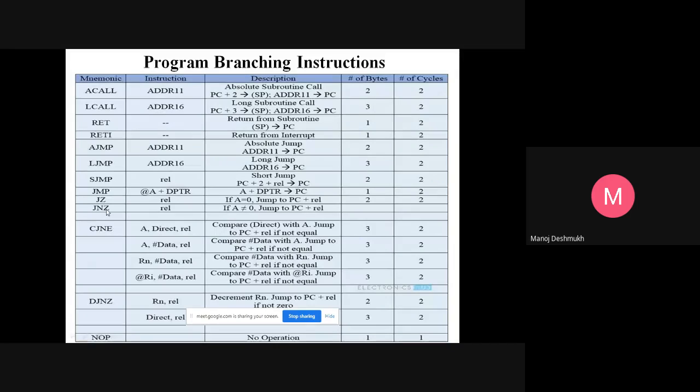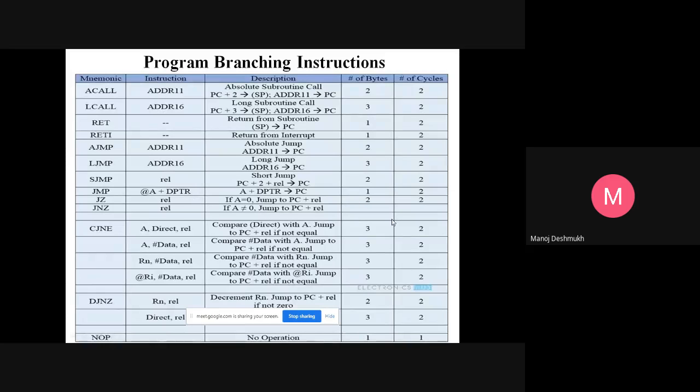And opposite to that, jump if not zero: if the result of the ALU operation is not equal to 0, then jump to the respective label where it is pointed. If up is mentioned, it will simply point the program counter to that label up, or down, or any name you have written.